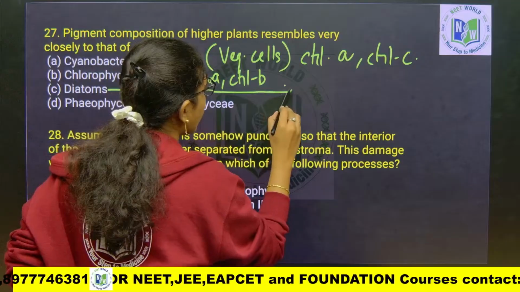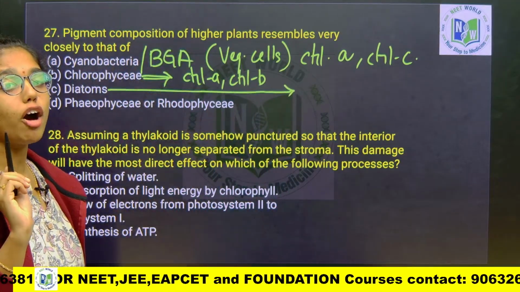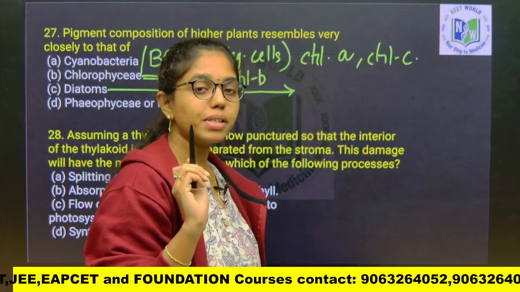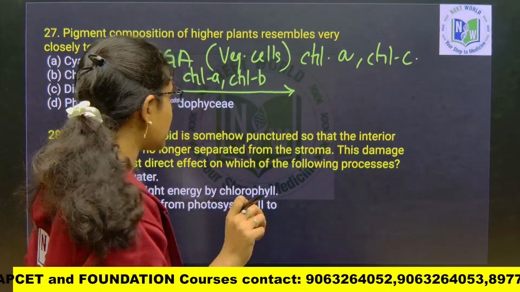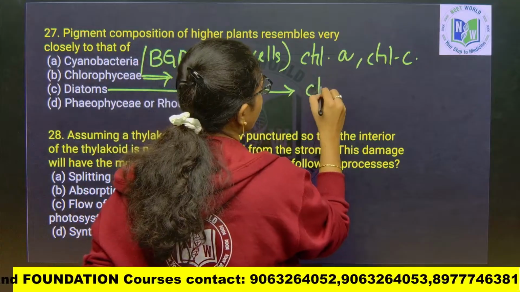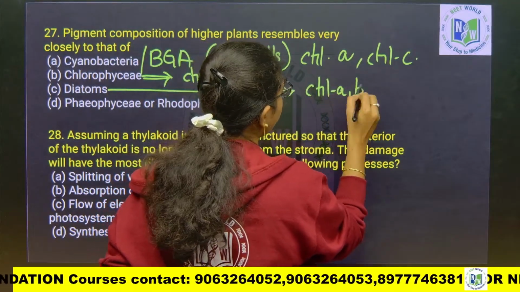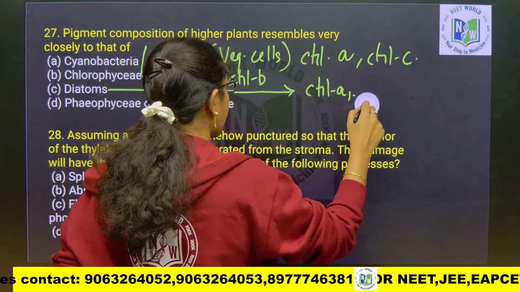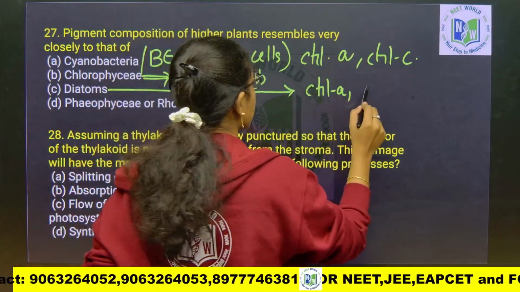Diatoms, which are under the chrysophytes of Protistan kingdom, come under what class, beta? Chrysophytes of Protista. They have chlorophyll A and chlorophyll C in them.